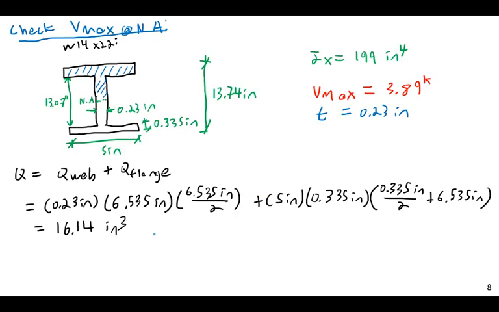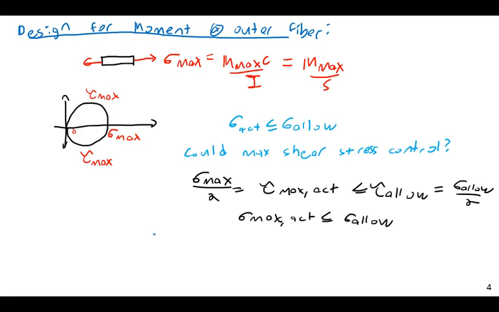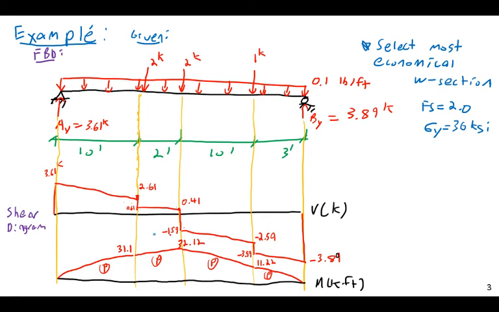Let's go back here and look at our shear diagram. 2.61 kips is not our absolute maximum value, but it is a point somewhere in the middle. I'm looking for values toward the middle of the beam, and I'm trying to come up with a good explanation why.